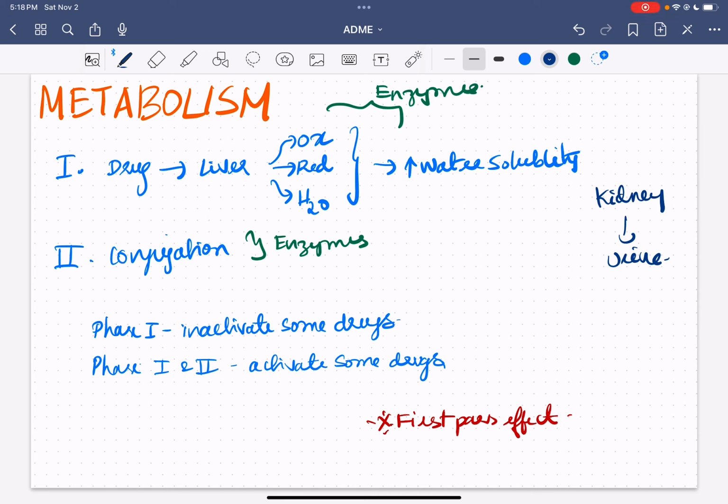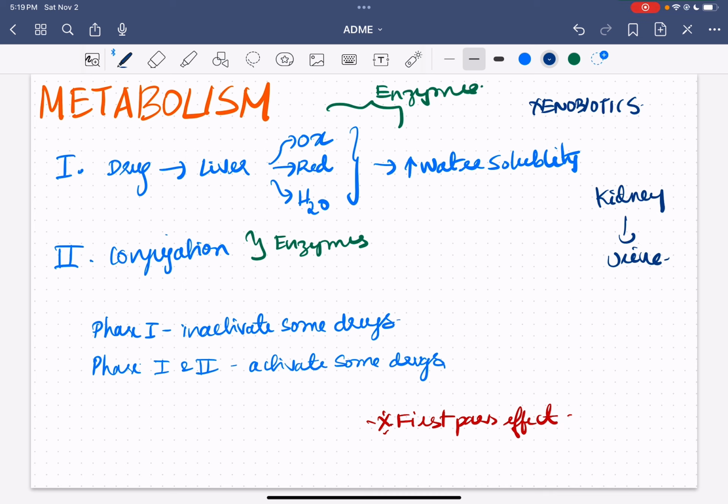And why does the body want to make the drug water soluble? Because drugs are classified as xenobiotics, if you remember from your biochemistry. These are outside chemical particles that are entering our body. So obviously our body will not know which is good, which is bad. All it tries to do is inactivate it and make it water soluble so that we can flush it outside our body.